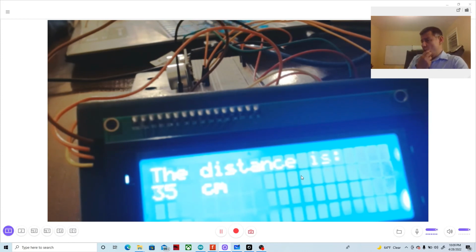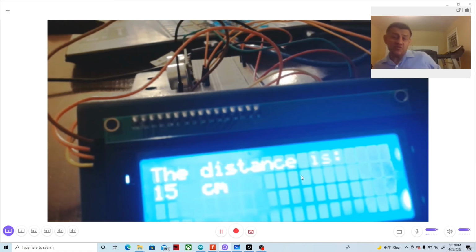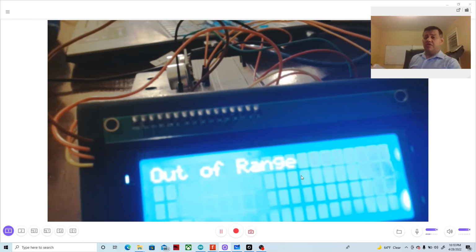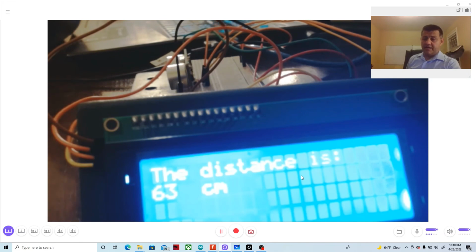In this case, apparently this is emitting a frequency of 40,000 hertz, right? Okay, so let's do it with a piece of paper. Look at that right now.